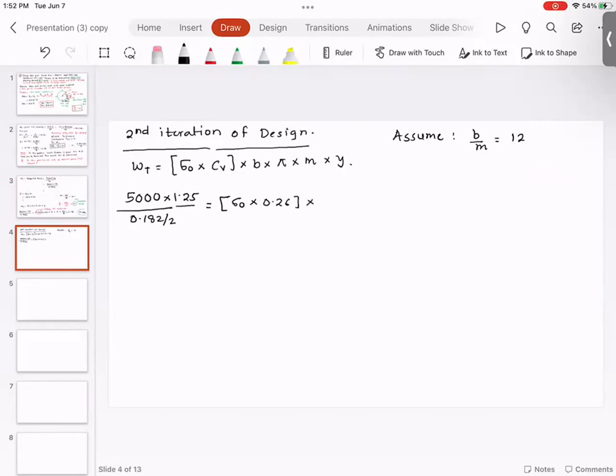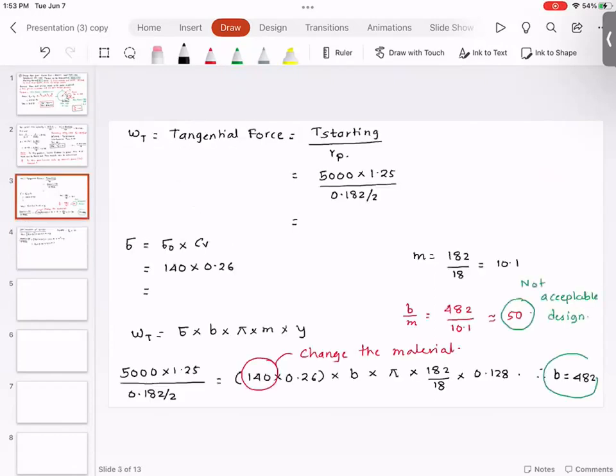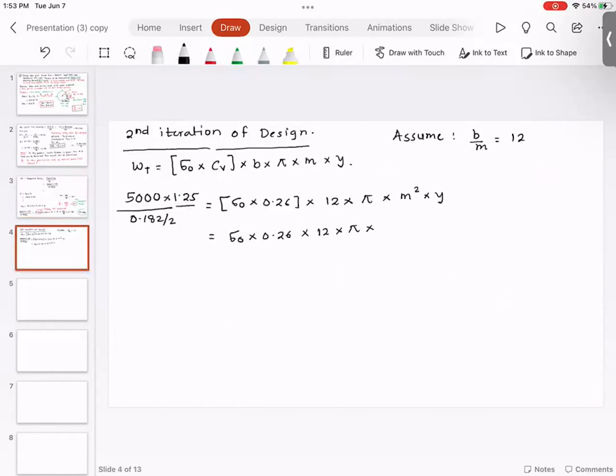So B by M is 12. So I can just write here 12 times M. M is 10.1. Multiplied by Y is 0.182.